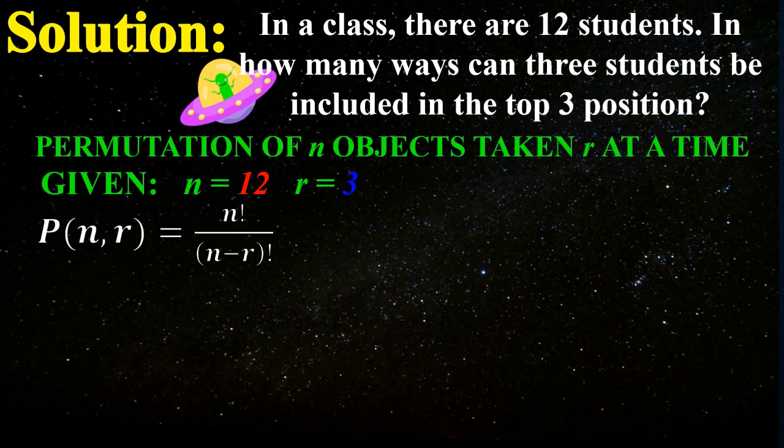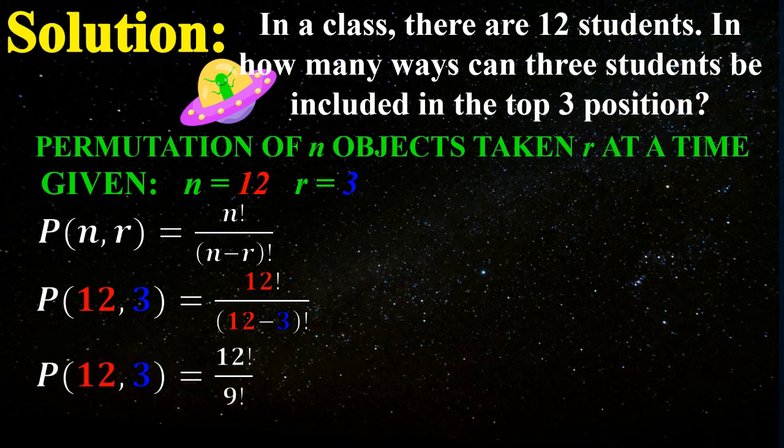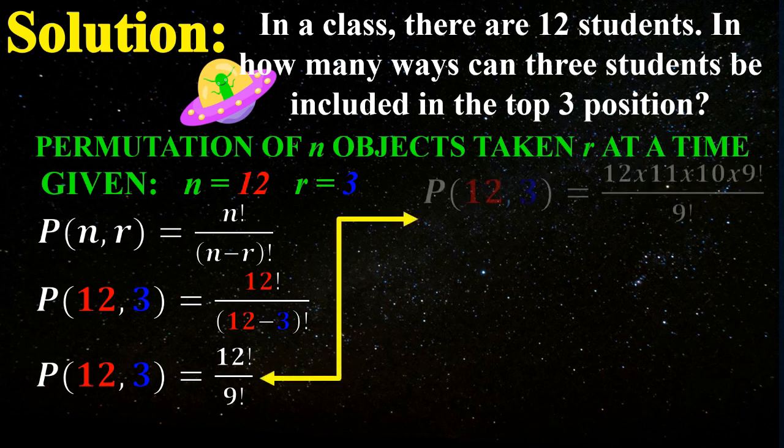For your solution, we are going to use permutation of n objects taken r at a time: n factorial divided by the quantity of n minus r factorial. Now replace n with 12 and r with 3. Then we copy 12 factorial over 12 minus 3, and that is 9 factorial.